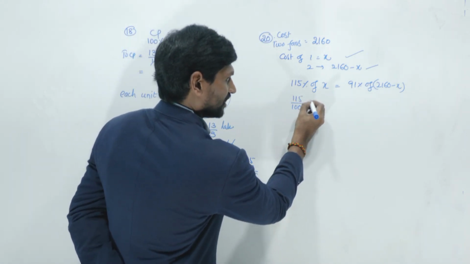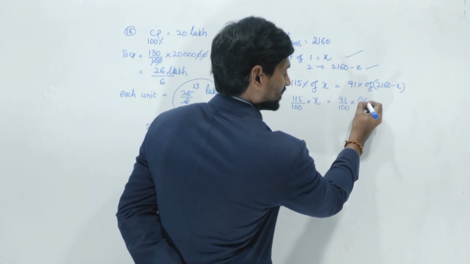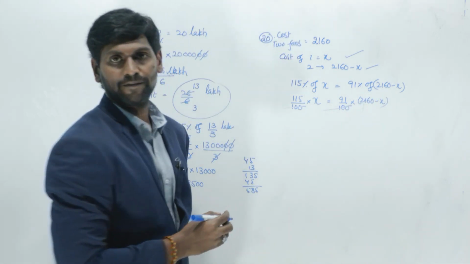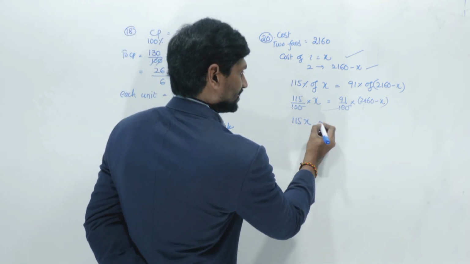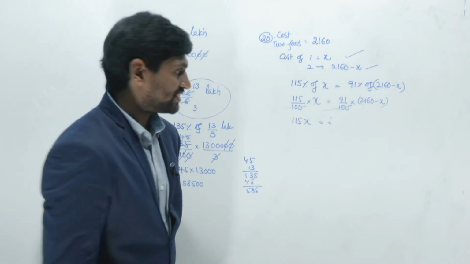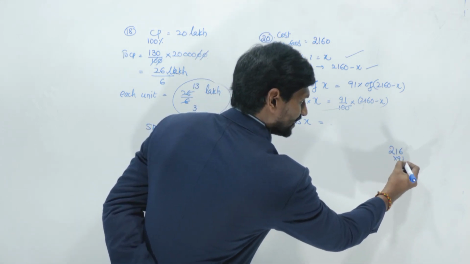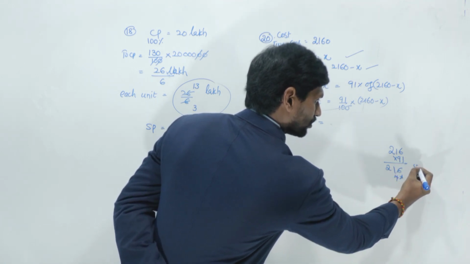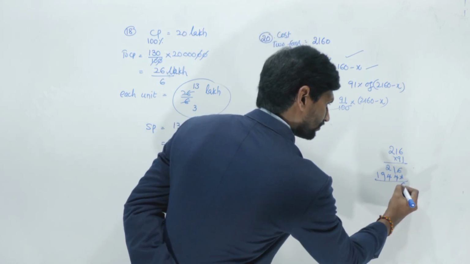115 by 100 into X equals 91% of 2,160 minus X. Both sides denominator cancel. Now 115X equals 91 into 216. Multiply: 216 into 91. 1 table 216 as this. 9 6s are 54, 5, 14, 1. 9 2s are 18 plus 1, 19.